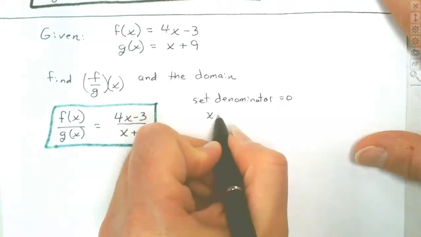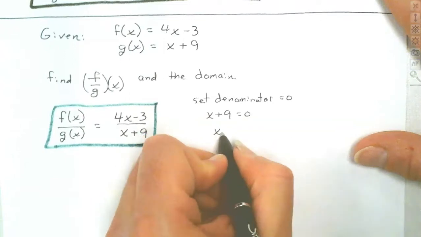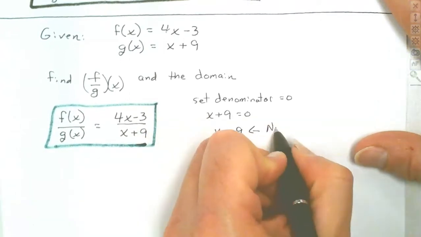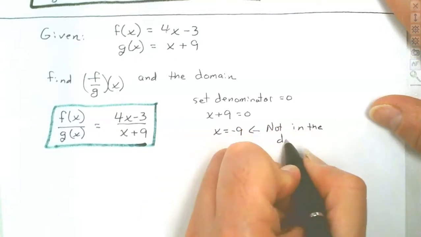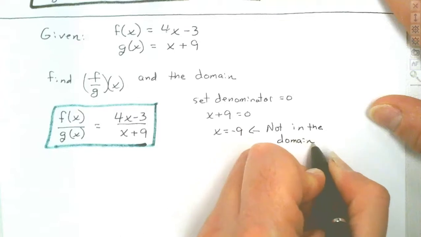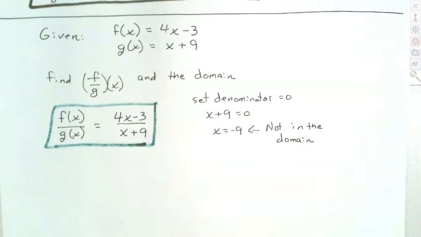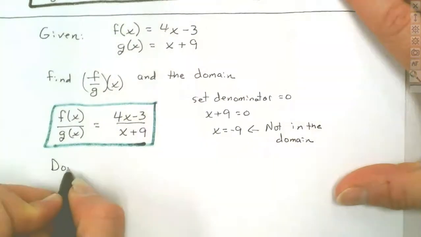So that is x plus 9 equals 0. So that gives you x equals negative 9, and that is the number that is not in the domain. Because you can't have negative 9, because negative 9 would give you division by 0. If I plugged it in, I would get 0 down below, and I can't have that. So how do I write my domain?